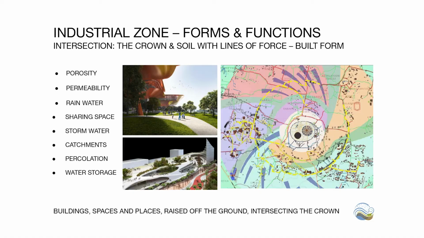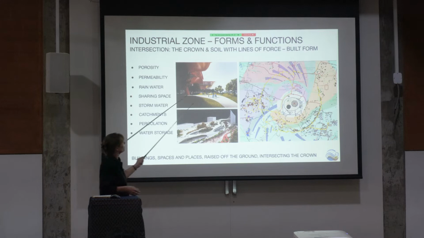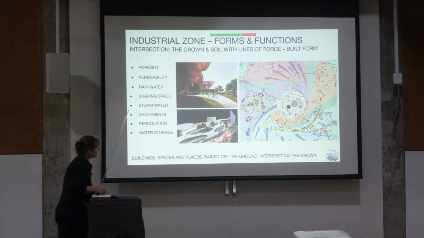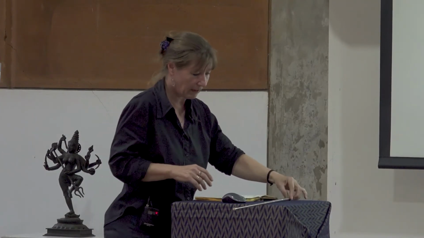Then I just wanted to take a quick look at the industrial zone, the lines of force. And again, I come to the thing of the climate and the minimalism and the permeability. All these things come together, where I think the lines of force or the big buildings shouldn't touch the ground too much, to keep the ground open for people to move, for the wind to go, for the water to infiltrate or run through.